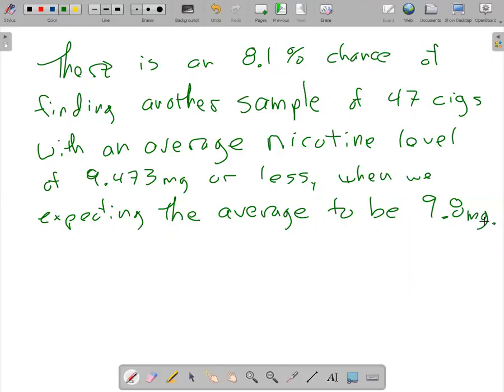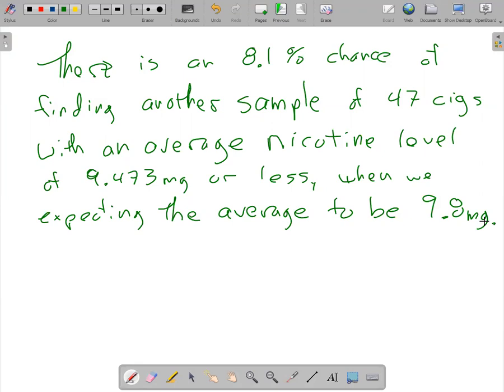So is 8% unusual? What's our cutoff rule for a situation for unusual? We usually use 5%, right? Is kind of the default, and if it's a life or death thing, then we might want it lower. And if it's really trivial, we might even choose 10% for the cutoff. You know, nicotine is a pretty addictive substance, so I wouldn't, 5% is okay, and it might even go less than that.